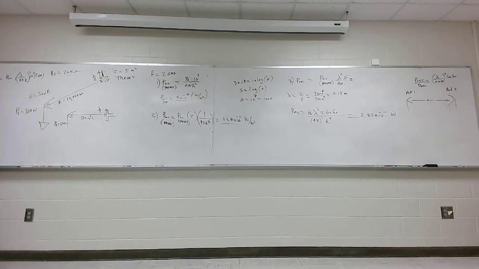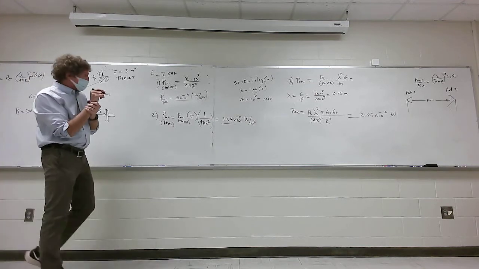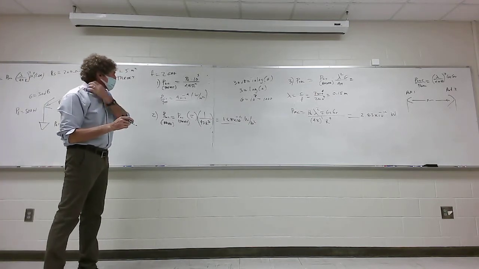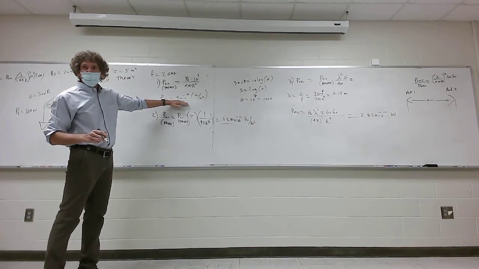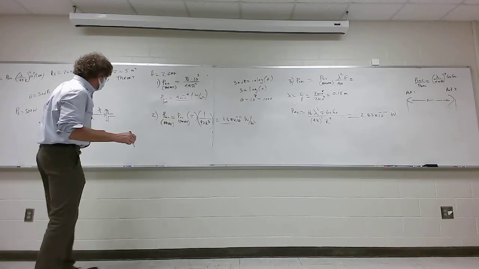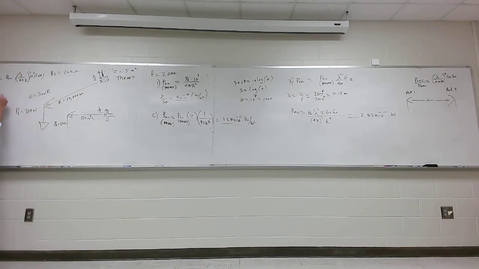And what do you get for this? I know a lot of people got this right. Well, this is P incident on the target. I'm going to take this approach. Do y'all agree that's the power incident on the target, the density, right? So I can say this is 4 times 10 to the minus 4th watts per meter squared.